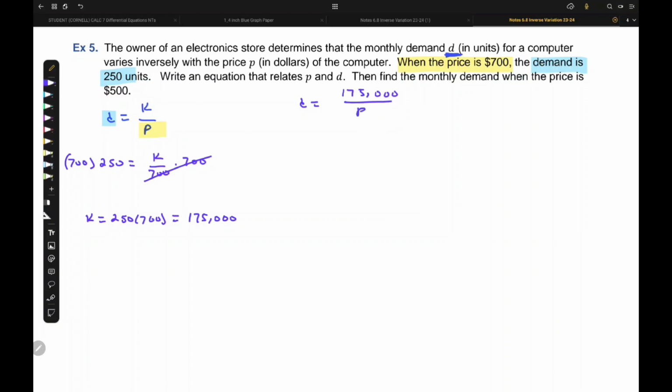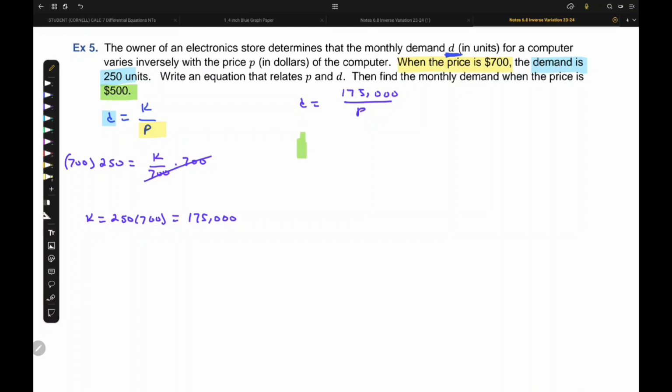And so they want us to find the monthly demand when the price is $500. And so what we're doing is if we know that we have this constant of proportionality, we can change our price, and that's going to influence our sales, right? If our price increases, our sales are going to go down. If our price decreases, our sales should go up, according to this equation.